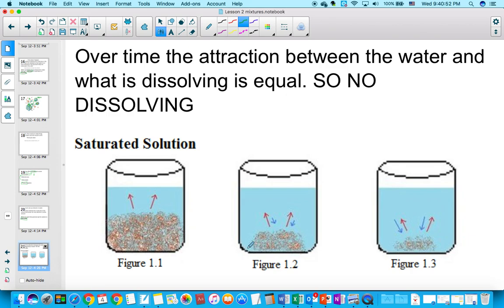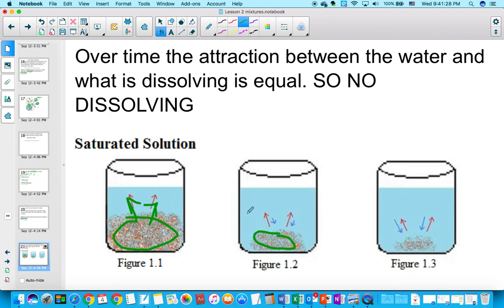So over time, the attraction between the molecules and what is dissolving becomes equal, so no dissolving happens. Let's say we dumped a ton of sugar into water. Well, it's very attracted to the water, and so the water quickly pulls all that sugar away from this blob of sugar here, and the blob of sugar will get smaller, like so.